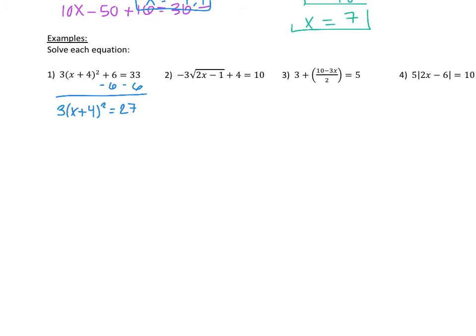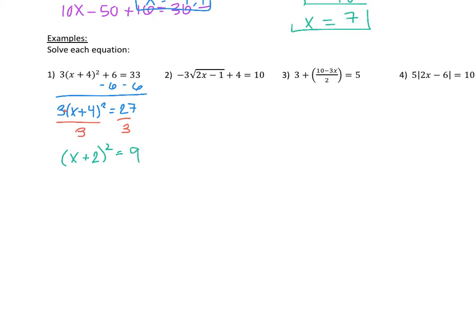But since that 3 is being multiplied by that whole thing, we can divide both sides by 3 right now, which might not be a step we've typically done in the past, but this is the next step in undoing this. So as I divide by 3, that 3 cancels out with the 3 in the denominator, and I'm just left with x plus 4 squared on the left-hand side. And 27 divided by 3 is 9.